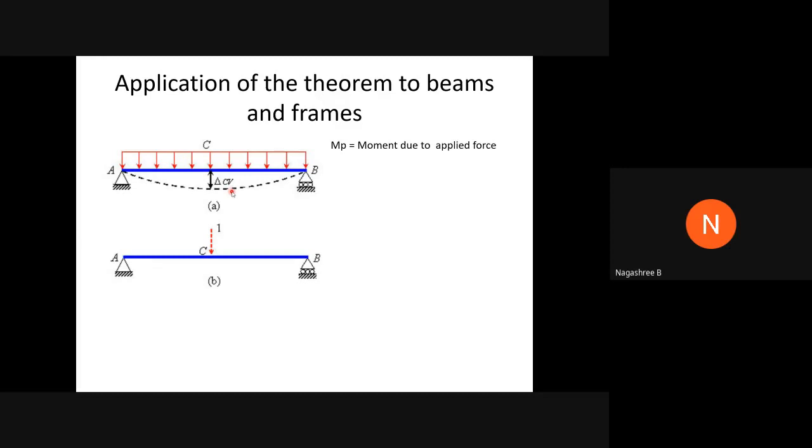Here the internal virtual work is considered mainly due to bending, and it is caused by the internal moments, that is mu, the internal moment due to the unit load applied, which undergoes a rotation of d theta.